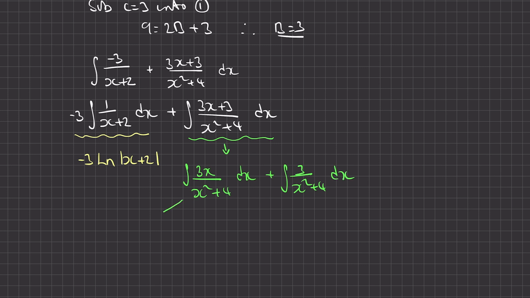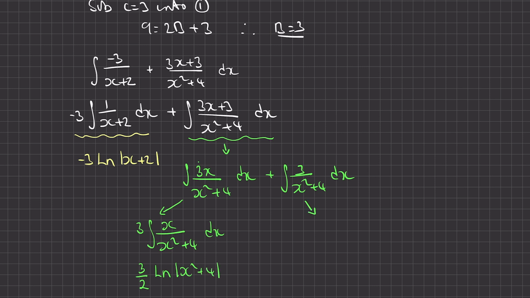So for this one, I can take this 3 to the outside. So the integral of 3 of x over x squared plus 4. And again, we can use the reverse chain rule, because the derivative of x squared is 2x, so we can scale to get the numerator. So this will give us 3 over 2 lots of the ln of x squared plus 4.